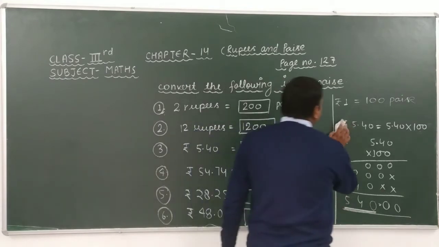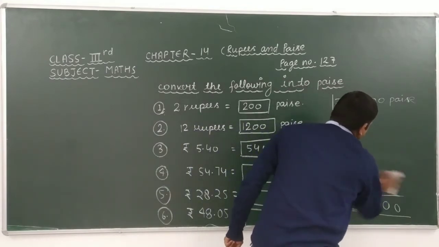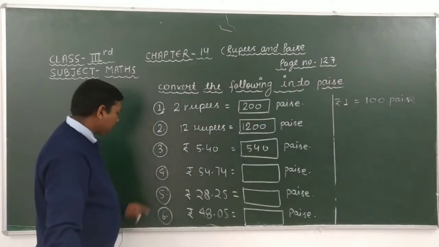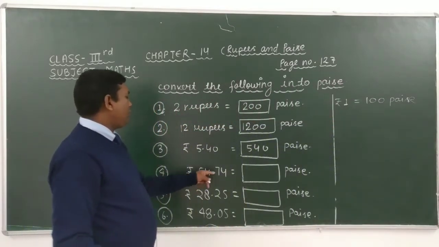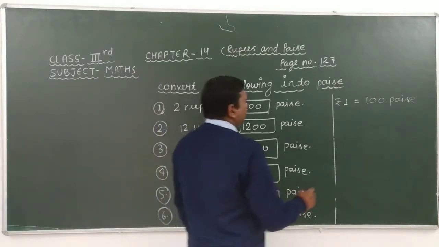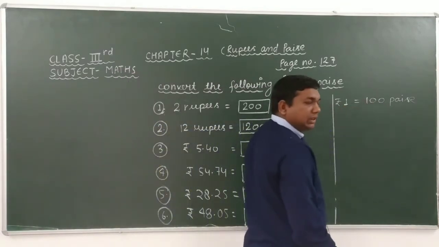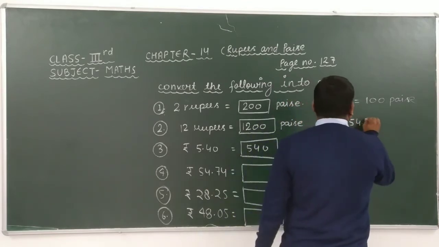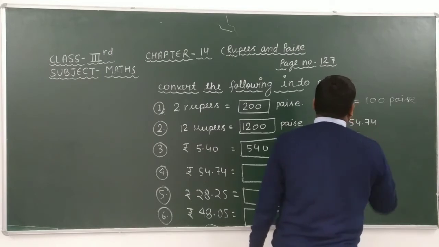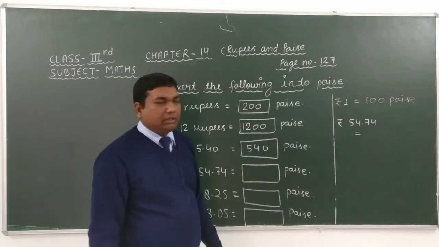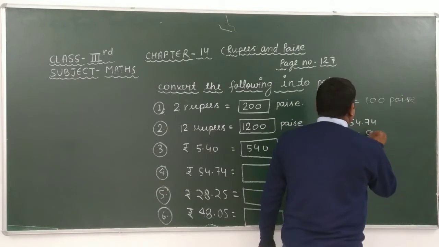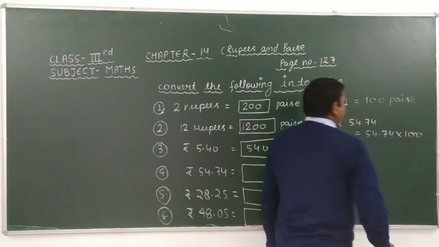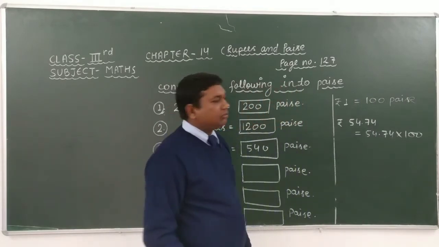Look here carefully. Now, in this question it is given rupees 54.74. Listen, we know that rupees 1 is equal to 100 paise, then rupees 54.74 is equal to, if we multiply 54.74 by 100 paise, then we get the answer of this question.